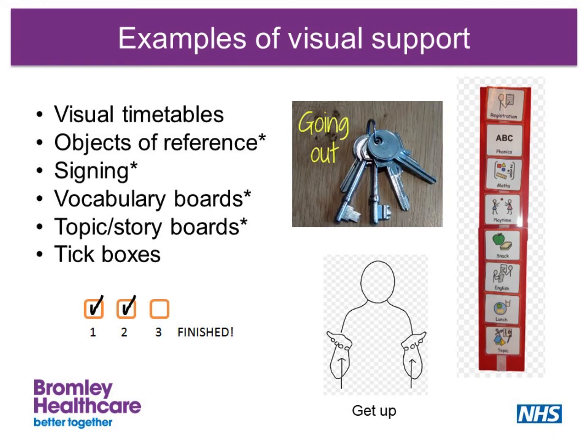Signing can be used as a visual support. Vocabulary boards. So it may be that you're learning a topic at school and you need some words to support the child's understanding of that vocabulary. And tick boxes can be used as visual support to help a child progress through an activity. There are loads of ways of visual support. These are just a few, and it's just to show how it's a bit different from AAC itself.